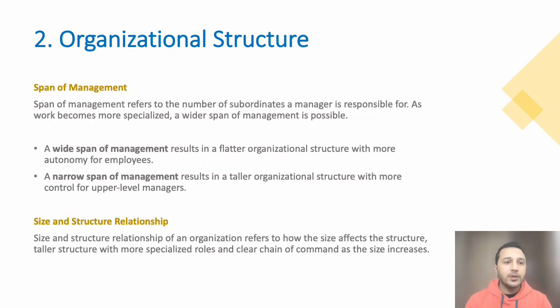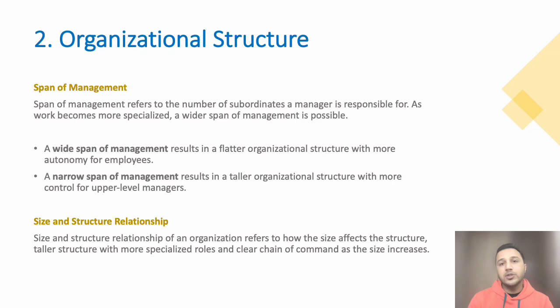Span of management is another concept, which refers to the number of subordinates a manager is responsible for. A wider span of management happens in flatter, more democratic organizations where individuals are given more autonomy. A narrow span of management happens where there is a lot of bureaucracy and a formal organization, similar to government structures where there are a lot of titles.